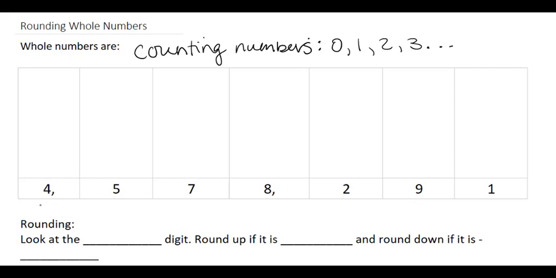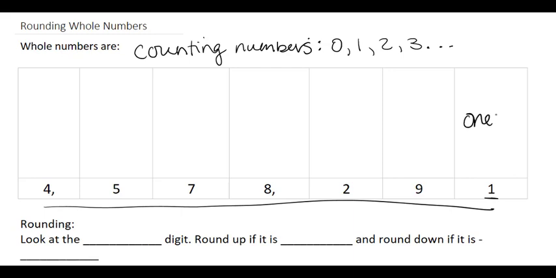So we look at this very large whole number right here, and let's go ahead and label each place value. The 1 spot is called the ones. Next, as we move to the left, we have the tens. Then we keep moving to the left.